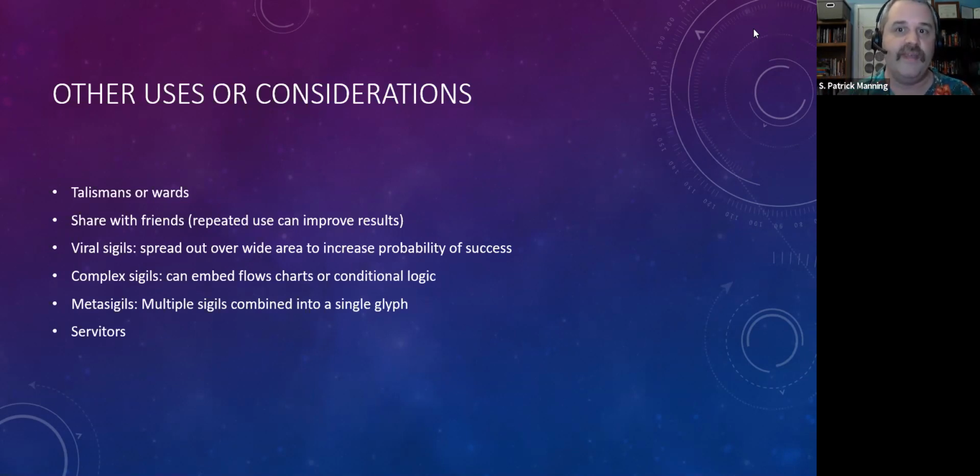There's a Phil Hine anecdote where he talks about a friend that had lent some property to somebody and was trying to get that property back, and the person who had it was not forthcoming. So they launched a viral servitor that if the property was returned by a certain point in time, then the servitor would basically shut down.